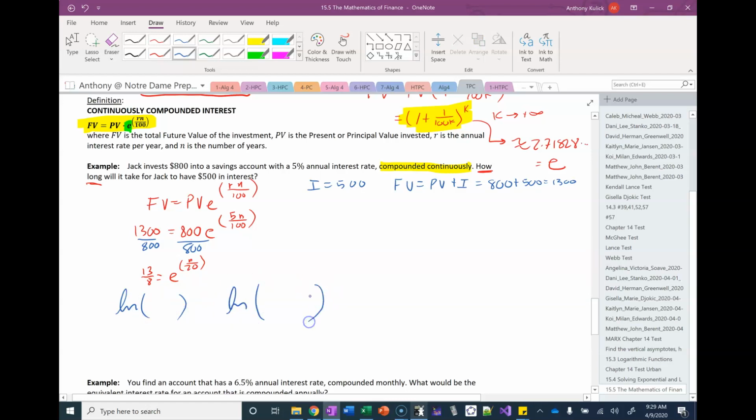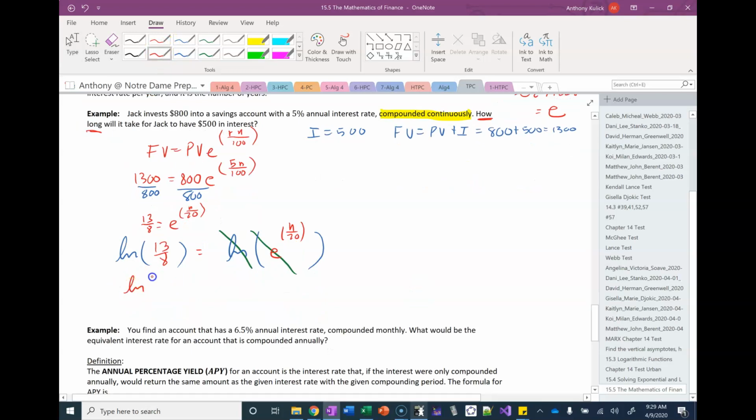So we'll take the natural log of both sides. And we know that the natural log will cancel out the exponent base of e. And then to get the n by itself, multiply both sides by 20.